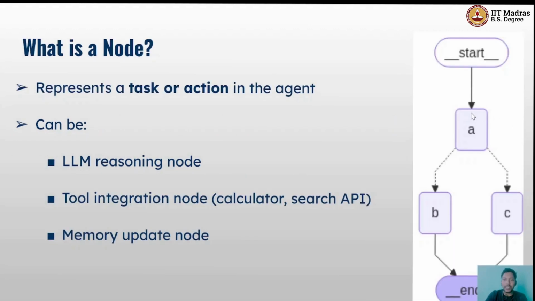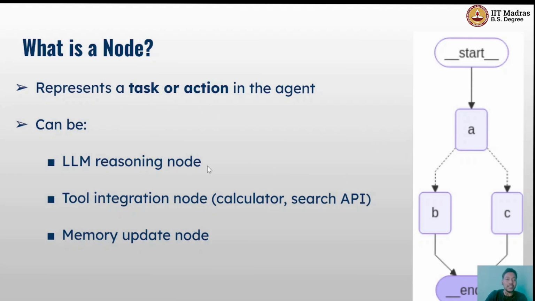In LangGraph, we have chain, edges, states, all these things. Let's go one by one to understand each of them. Okay. So first of all, let's go through the node. See here in this graph, A, B, C are called nodes. These are like a building block of an AI agent. Each node represents a task or action.